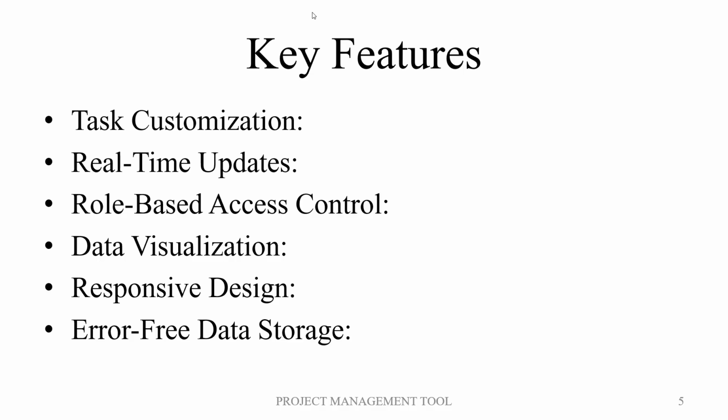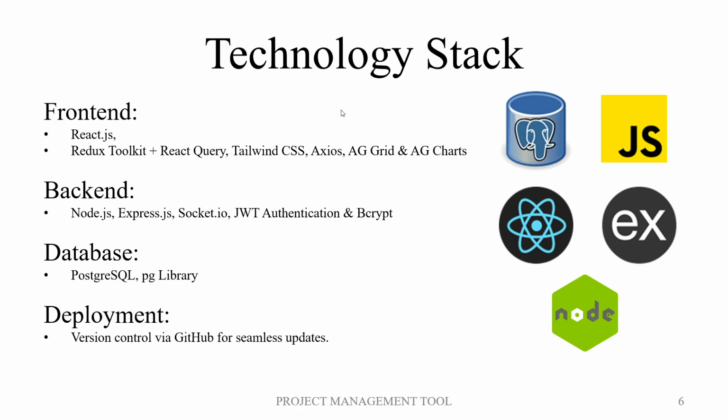These are the key features of the project: task customization, real-time updates, role-based access control, data visualization, responsive design, error-free data storage. These are the technology stacks that I have used. In the front end, I have used React.js, and some of the libraries that I have used are Tailwind CSS, AG Grid, AG Charts, and React Query.